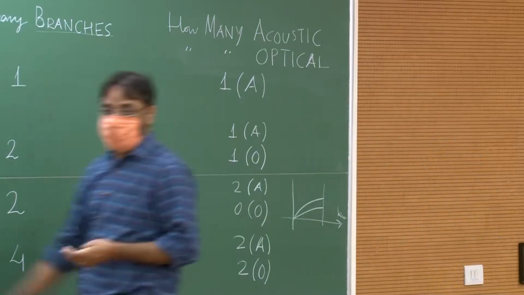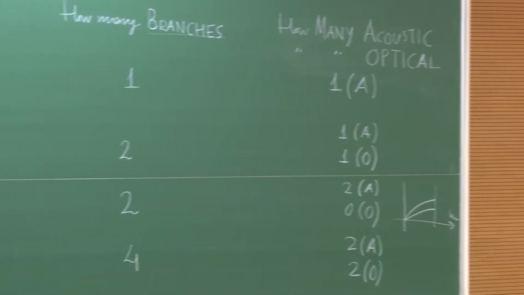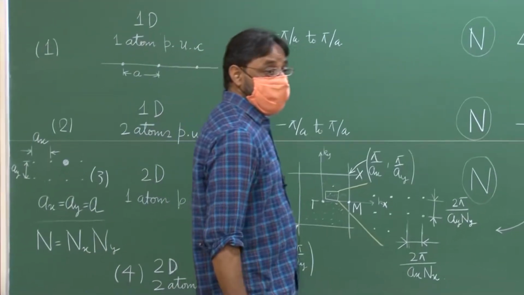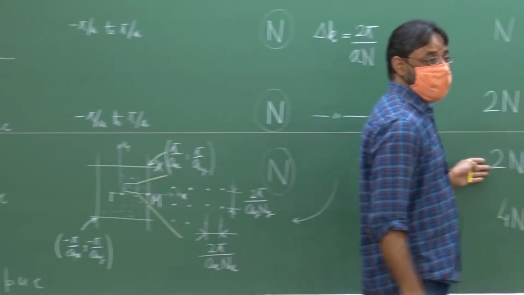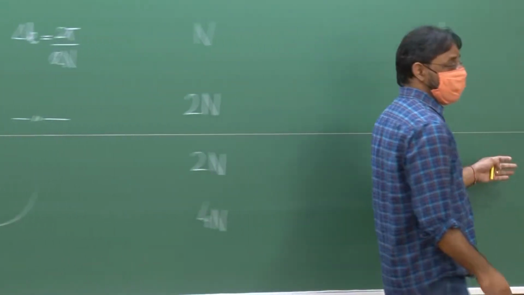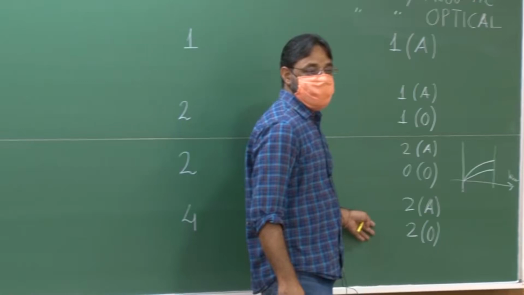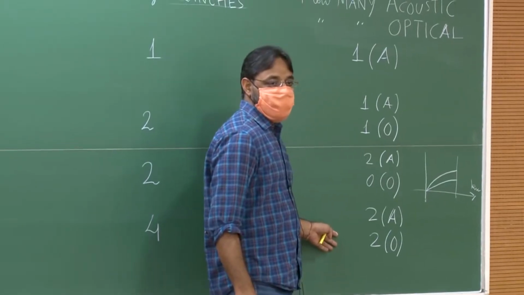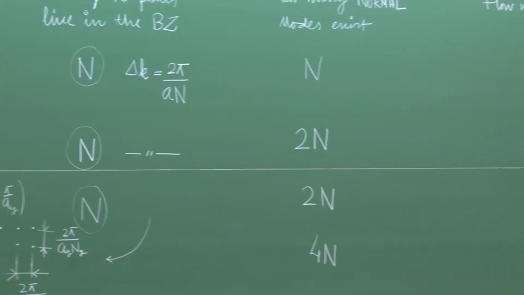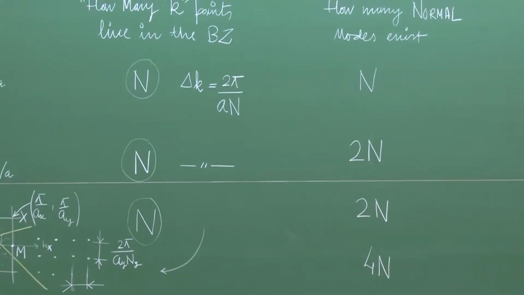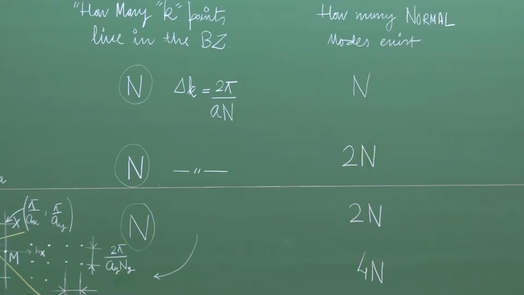Okay. Now we can go to 3D. So you can already guess the result for 3D. In the case of a 3D monoatomic crystal, you will have 3n modes. So you will have 3 acoustic branches and 0 optical branches, right? 3 acoustic and 0 optical. Now in 3D, suppose you are dealing with a crystal having a basis of p atoms.